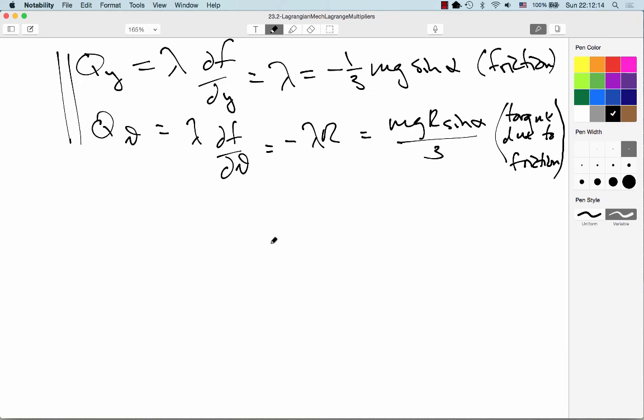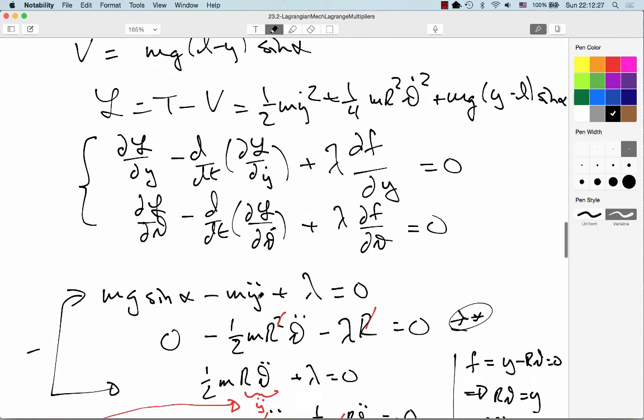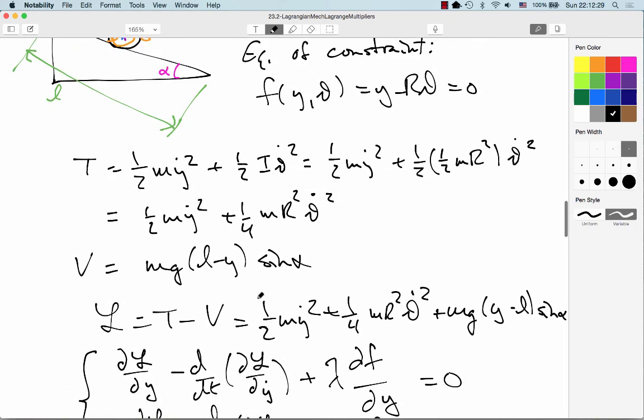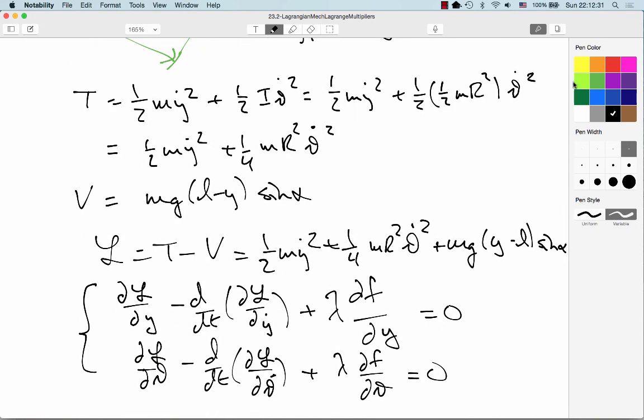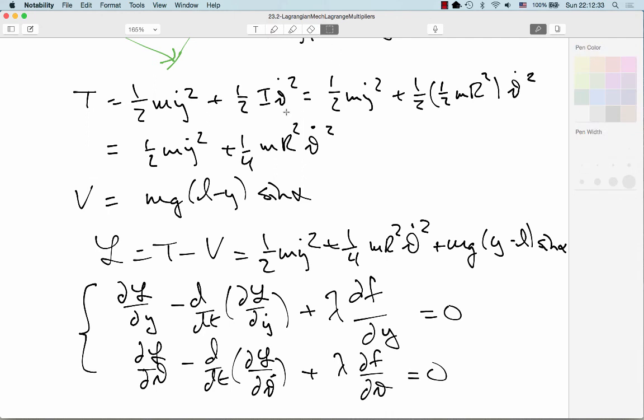Now, let's say we didn't want the Q's. Let's go and show how we could get the equations of motion a lot quicker. So we'll go back to what we had before, and I will just copy and paste it over.